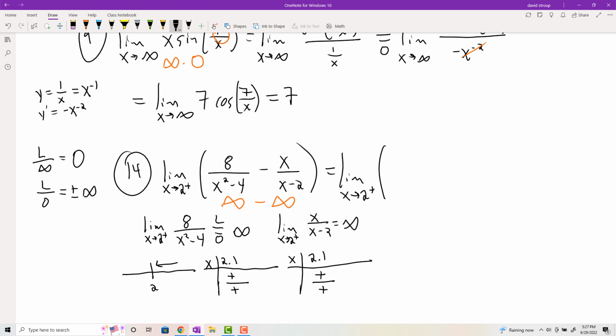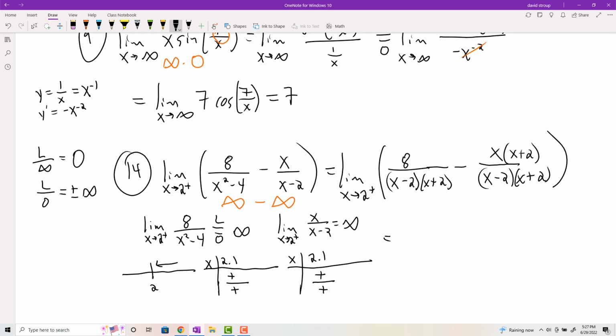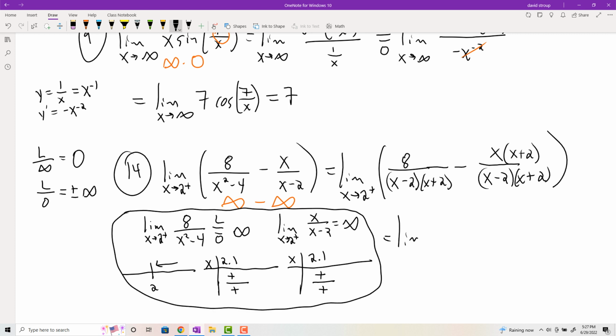If you factor the first denominator, you see it's x minus 2 times x plus 2. So to turn this into one fraction, in the second term you multiply top and bottom by x plus 2. So I end up with the limit as x goes to 2 from the right of 8, and I'm going to distribute that negative x through, so I get minus x squared minus 2x all over the common denominator, which I'll just write as x squared minus 4.